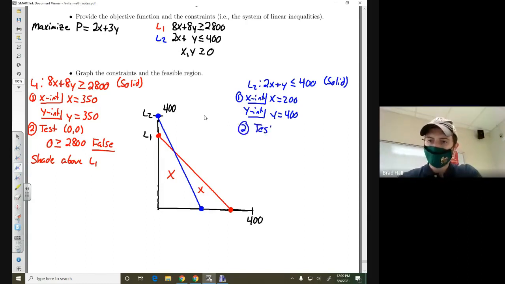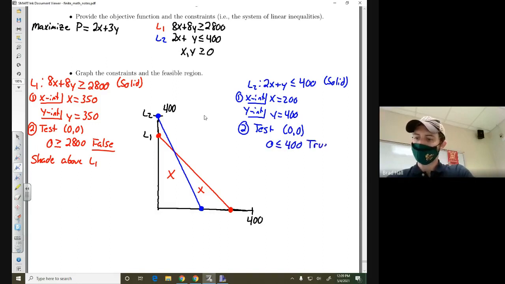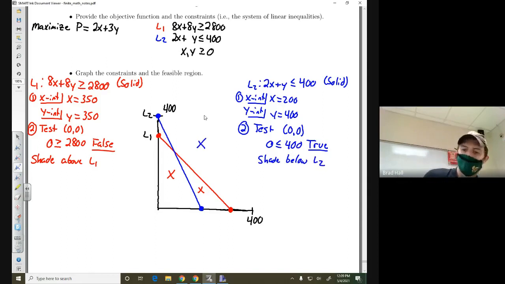The second one, we get that 0 is less than or equal to 400, which is true. So they alternate. We shade below L2. Means we are left with this tiny region up top here.